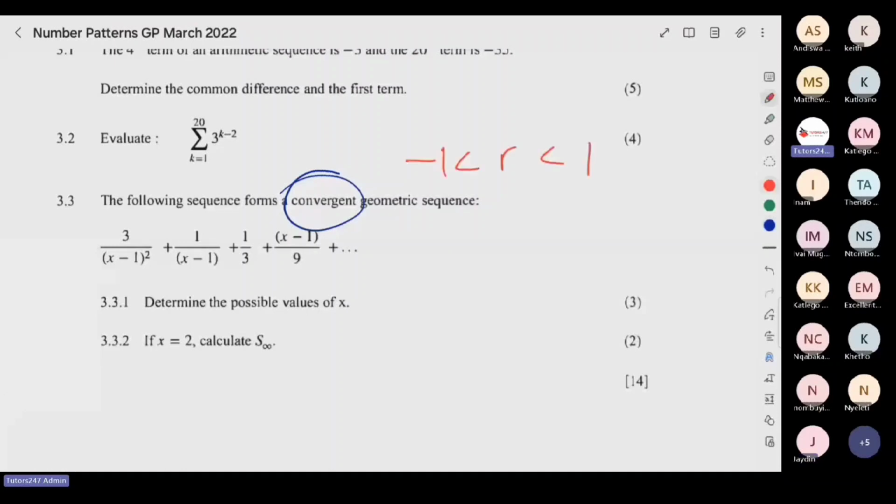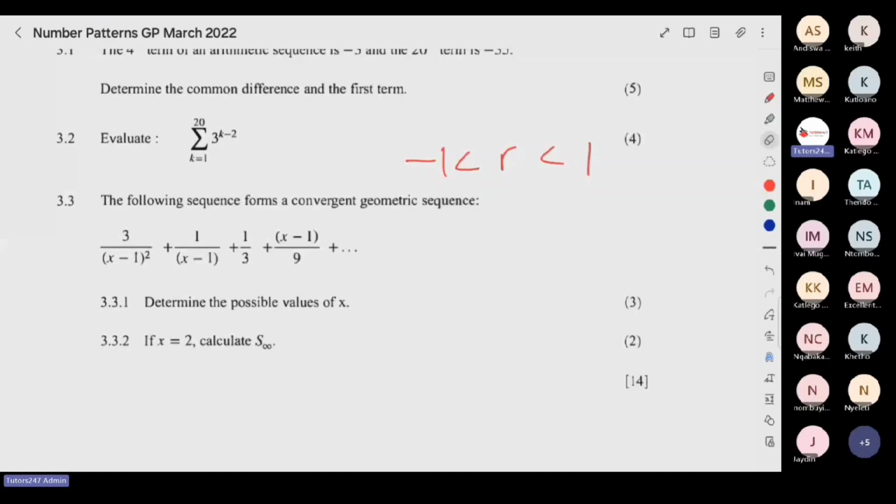Now, the question states we need to determine the possible values of X. So take note of the way the question was asked. They said possible values, plural, meaning that we are going to have an inequality or a range of values. We won't only have one value, okay?